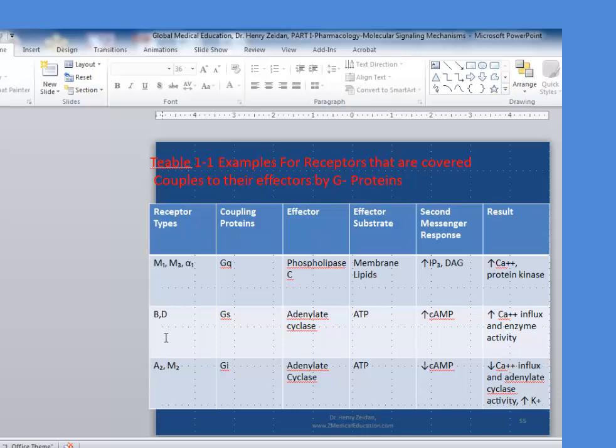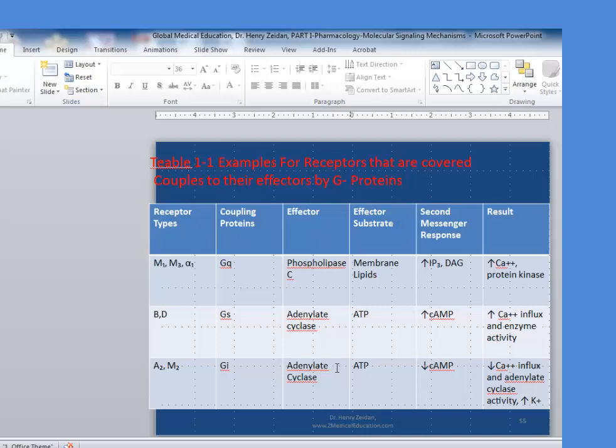When you're dealing with beta receptors and dopamine receptors, you are dealing with GS proteins, so you're dealing with activation of adenylyl cyclase to release cyclic AMP from ATP, and as a cascade, you expect to see an increase in calcium influx and enzyme activity.